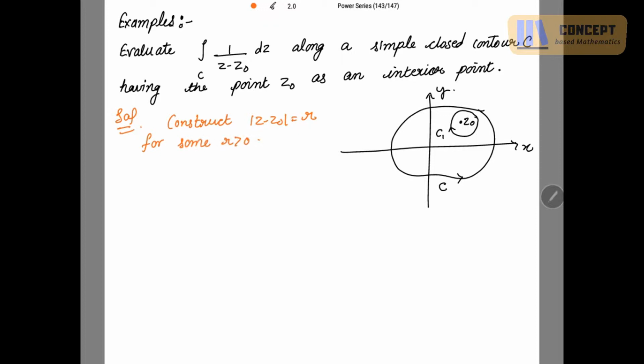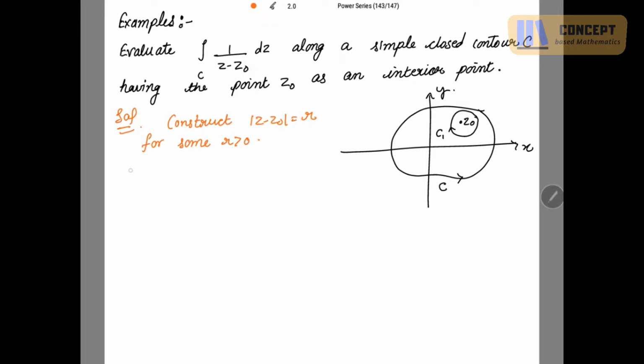Since the function is analytic in this multiply connected region between C and C1, the function is analytic. And one more thing, the function is not analytic at the point z equal to z naught. If the denominator is 0, then the function is not defined. So the function is not analytic at the point z equal to z naught.